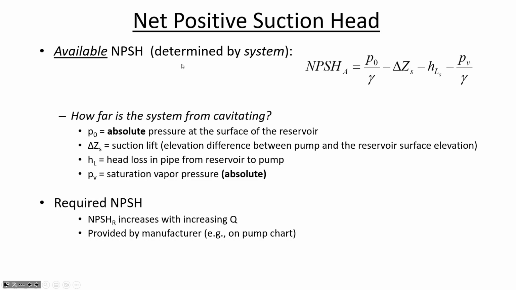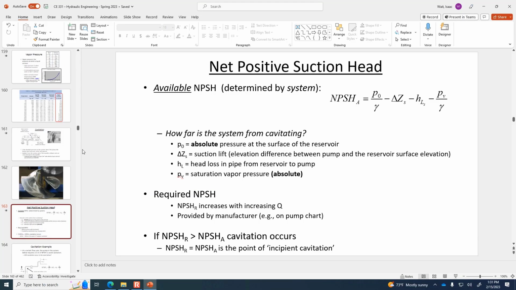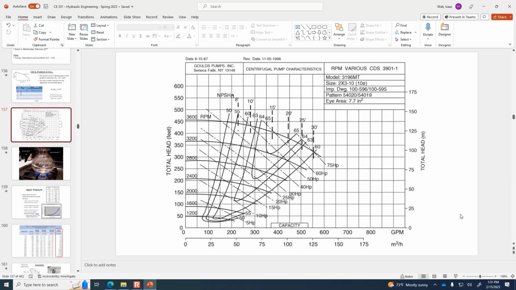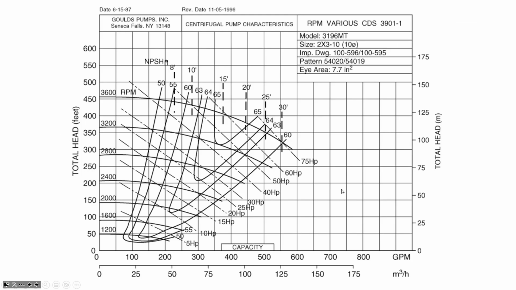But the required suction head increases with increasing flow rate. So if we go back to this figure, you'll notice that a certain pump is going to require only 8 feet of suction head when it's operating at a flow rate of 225 gallons per minute. But when it's operating at 550 gallons per minute, it needs 30 feet of suction head.